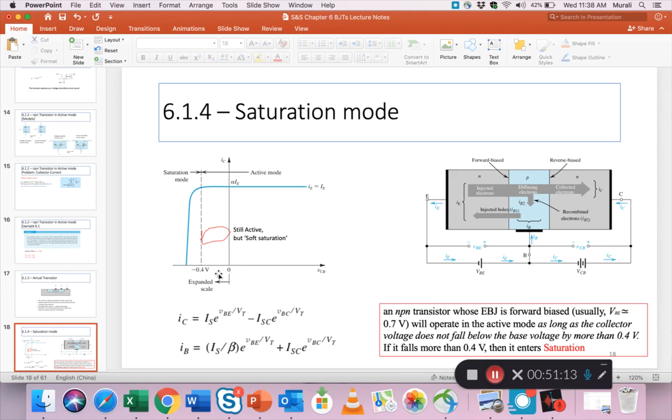So as you start to give negative voltage, it enters saturation, okay? So positive voltage on the VCB, it's happy, negative voltage is happy up to a certain point, but higher than that, it's going to enter saturation, okay? And then once you enter saturation, the currents are modified. You now have some ISC factor introduced, and that kind of starts to mess things up.